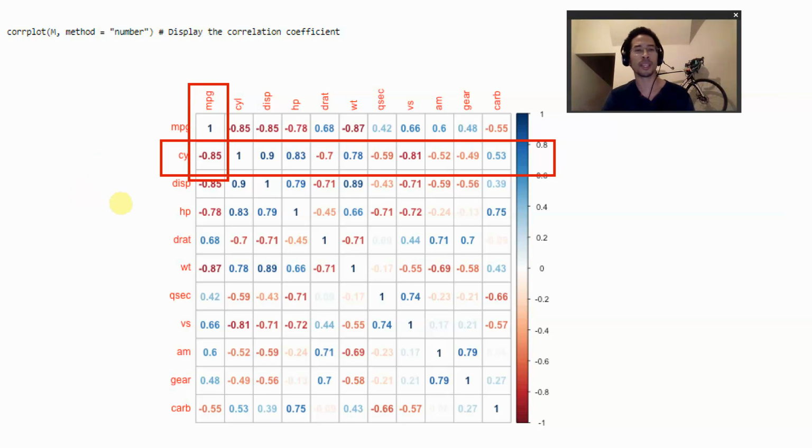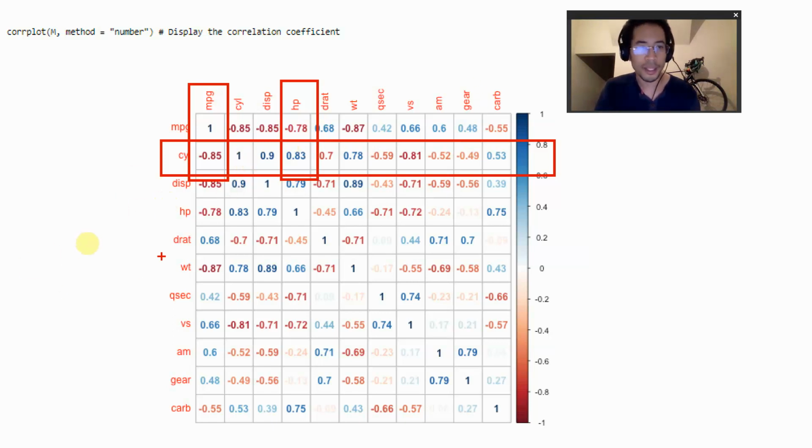There's a strong inverse relationship between cylinders and miles per gallon. Alternatively, as the number of cylinders goes up, the horsepower has a strongly positive correlation. The number of horsepower goes up. And that kind of makes sense.